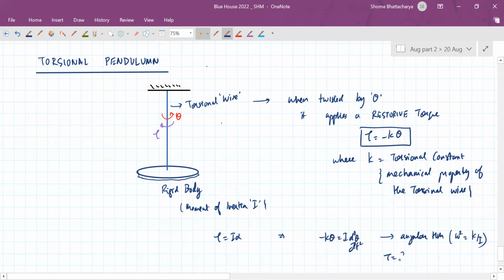So time period is 2 pi under root I divided by k.